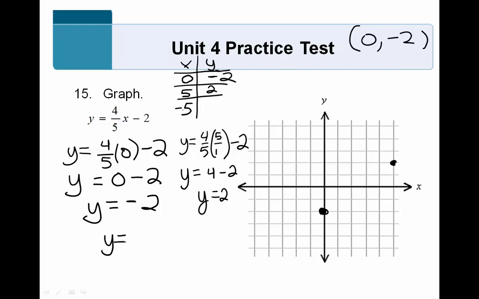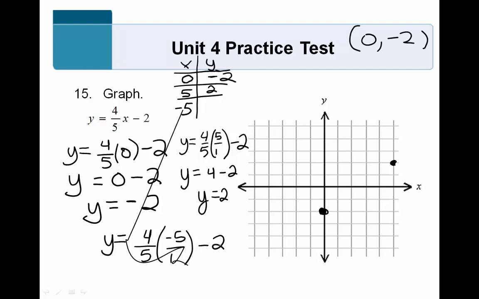Y equals, I don't know what I did there, 4/5 times -5 over 1 minus 2.